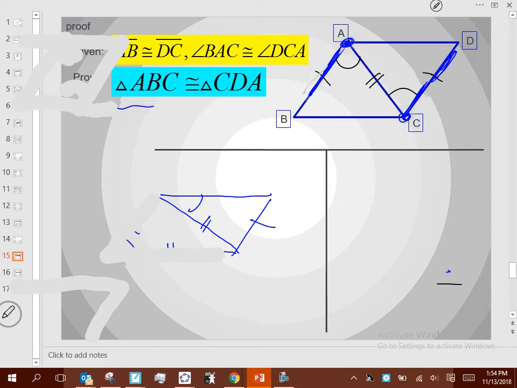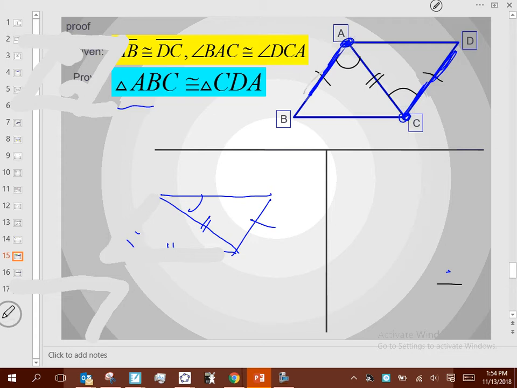I still have two sides and I still have an angle, just like I did in the first one, right? But are they in the form of SAS? Is the angle in between the two sides that I've identified? No. Okay. So even though I've got the right number of parts, and two of them are sides and one of them is an angle, just because they're in the wrong order, it's going to say we don't know if those triangles are congruent. Okay.